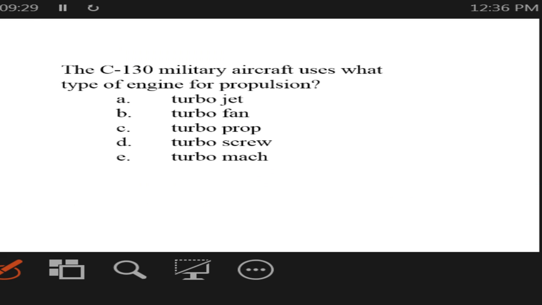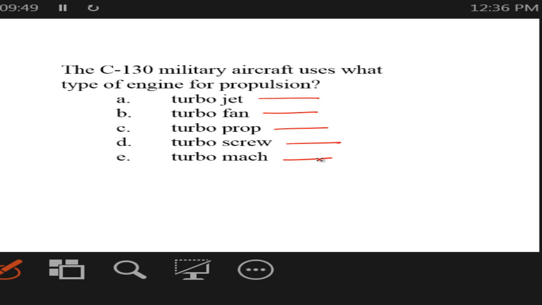The C-130 military aircraft, hey, row 7, uses what type of engine for propulsion? Turbojet, turbofan, turboprop, turbo screw, or turbo Mach? Only those in 7. Oh, let's go, yeah, from you down.